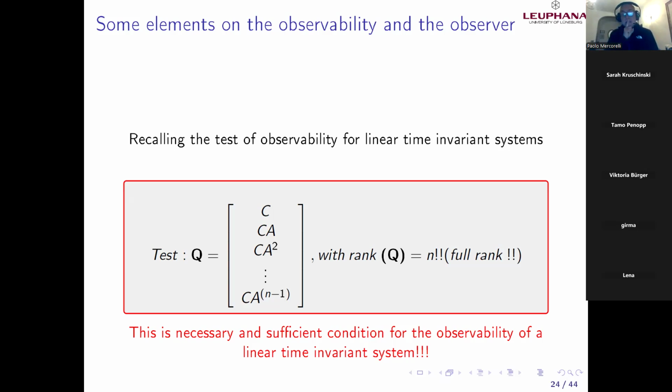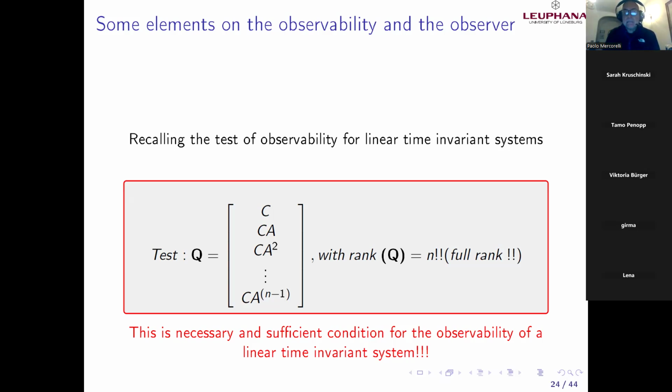I don't want to do that, but I would like to say a little bit more about the test. It is a theorem with a necessary and sufficient condition. We will see that if the system is not linear, we cannot say the same.